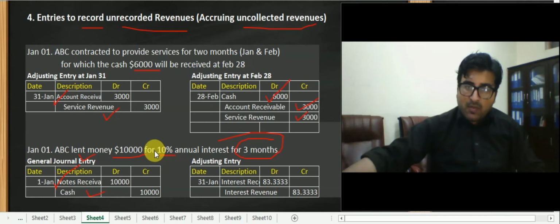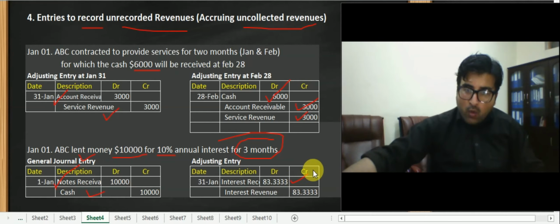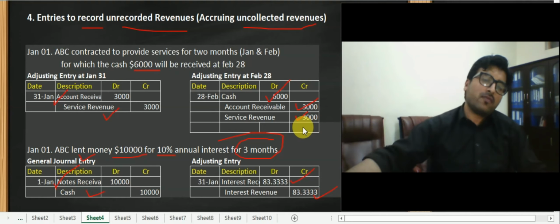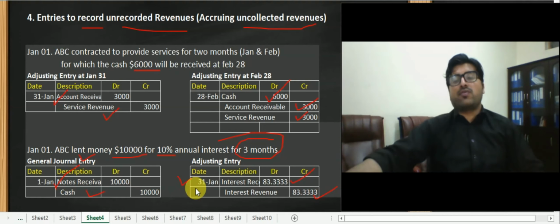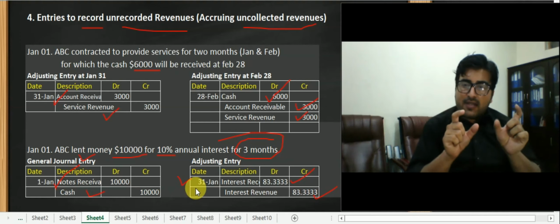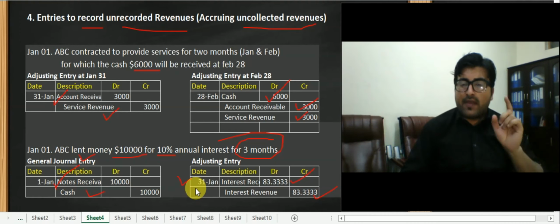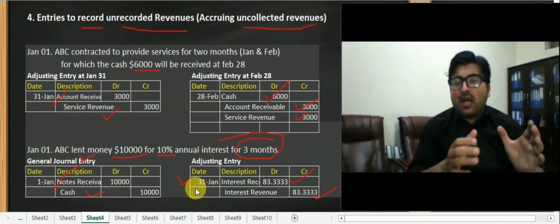Okay, 10% is for one year, and then divided for 1 month divided by 12. That means you are earning in 1 month this much interest, but you have not yet received it, and you will receive it in the future. So dear students, this second one is actually adjusting entry. And which one is adjusted? The entry which is recorded at the end of the period, that is called what? Adjusting entry, right?